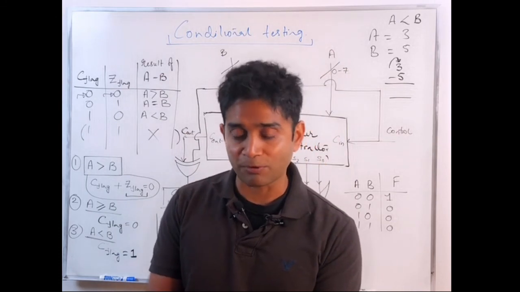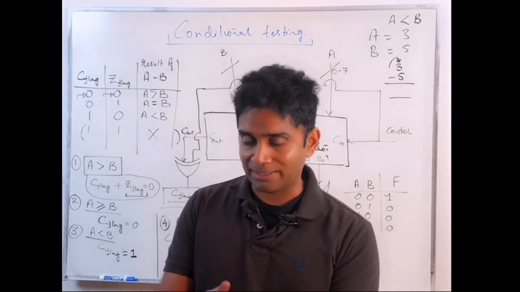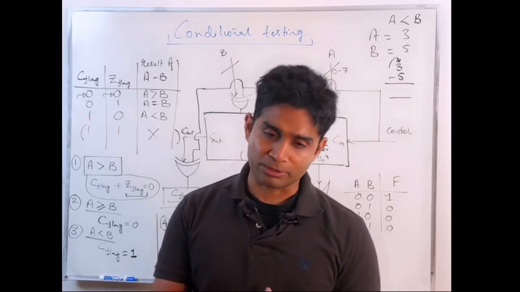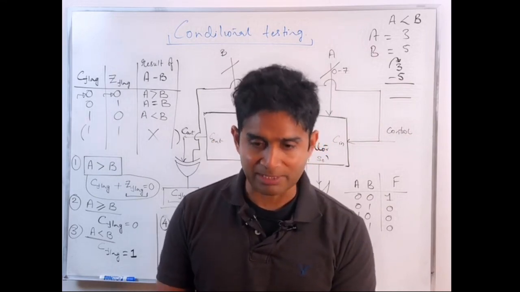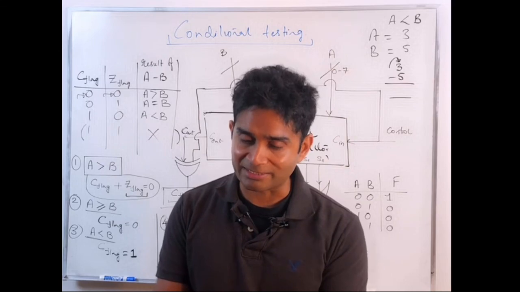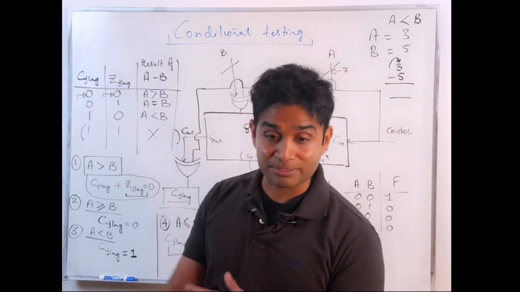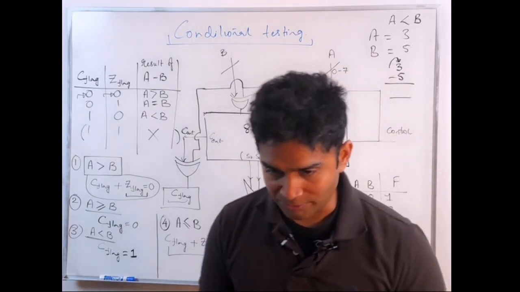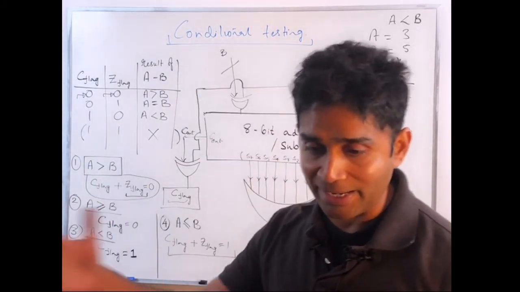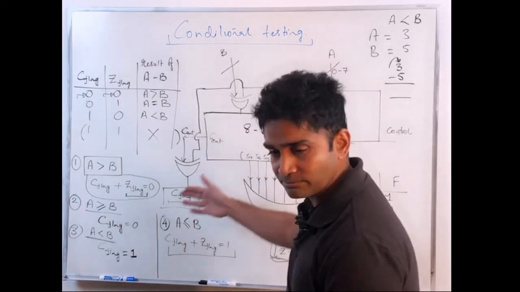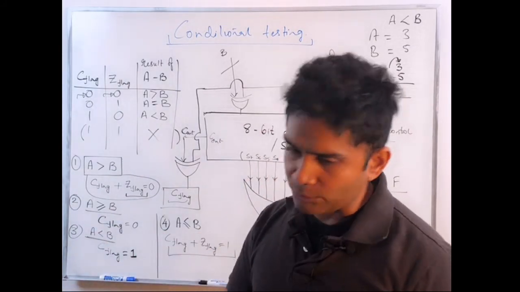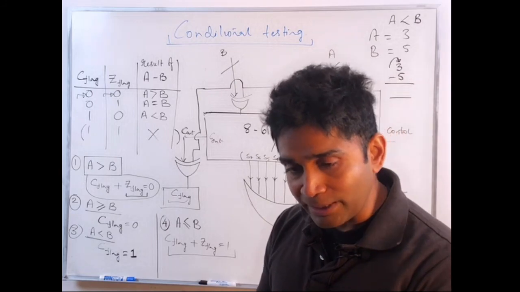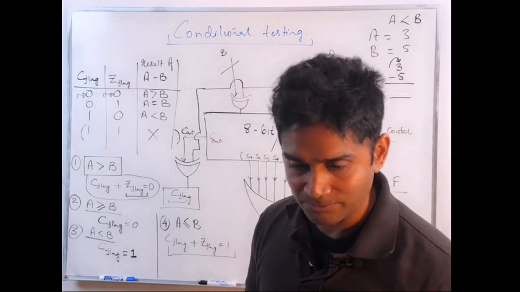The ALU can perform not only simple additions and subtractions, but can also do some decision making at the hardware level. By doing this conditional testing, you'll also be able to do some decision making that eventually enables programmability in your device. So you're actually one step ahead now. Instead of just doing simple arithmetic, you are now enabling the hardware to perform some decision making and automating some steps in the program.